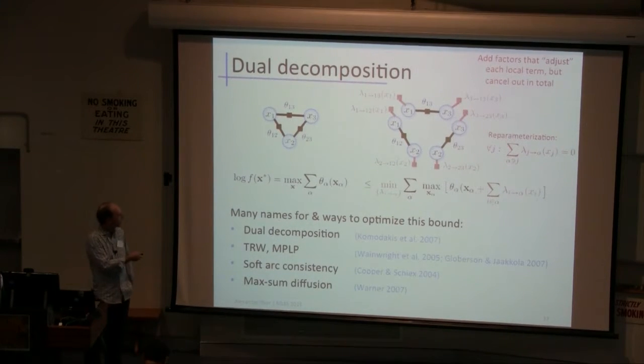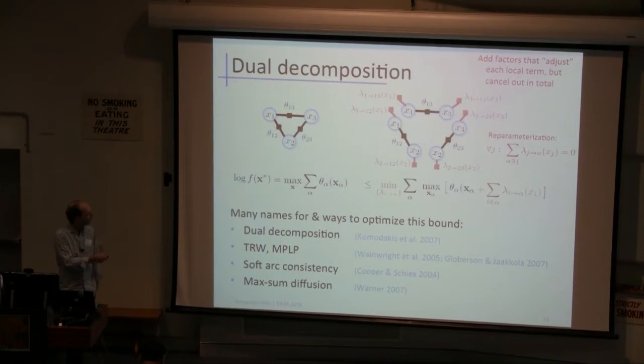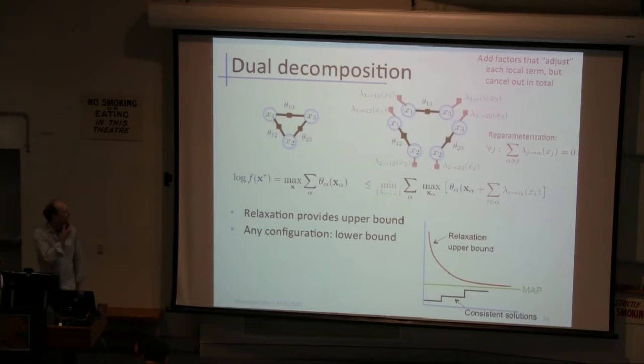So most commonly nowadays, it's called dual decomposition, and often subgradient is used to optimize it. It's also equivalent to tree-reweighted max product linear programming, soft arc consistency, max sum diffusion. All of these algorithms are, in fact, optimizing exactly this same relaxation bound.